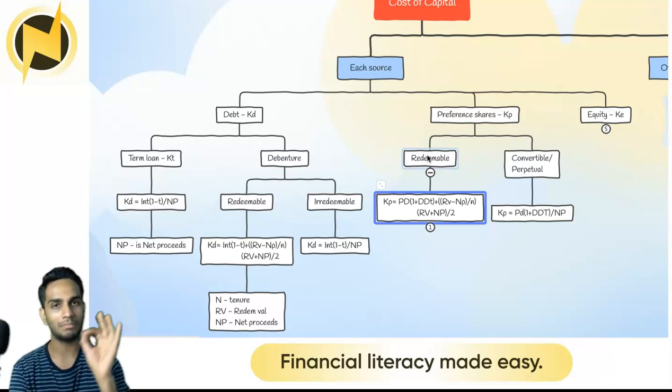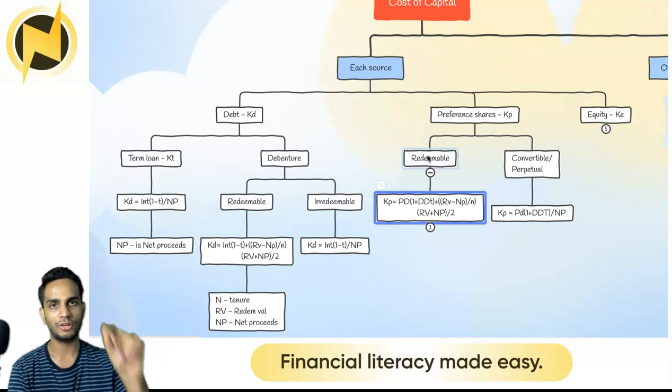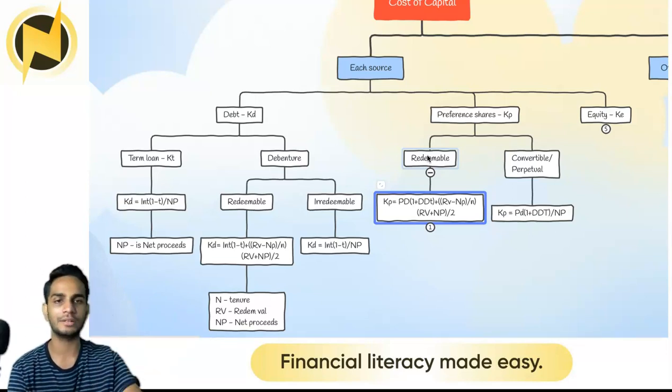Whereas for debt, the 1 minus t tax will come for every case because that tax is the company's tax, the tax that the company pays. Whereas this tax is dividend distribution tax, which is currently not applicable in our country. It has been removed. But in case the question mentions dividend distribution tax, then make sure you include it as an extra attachment. For preference it's always 1 plus DDT. For debt, it's 1 minus t. Clear?